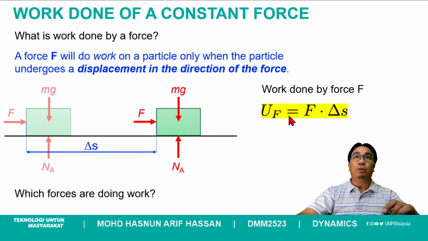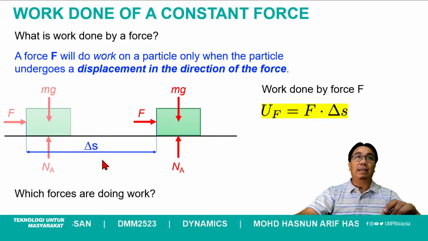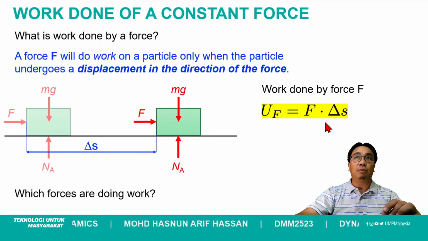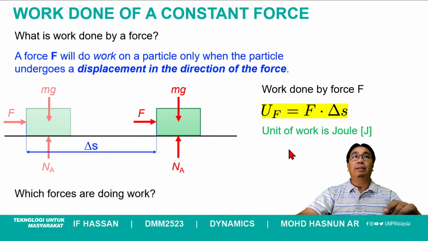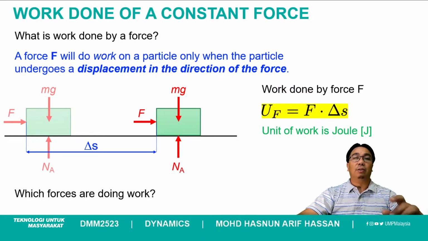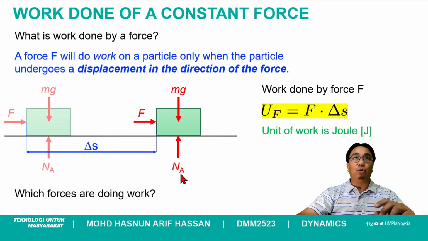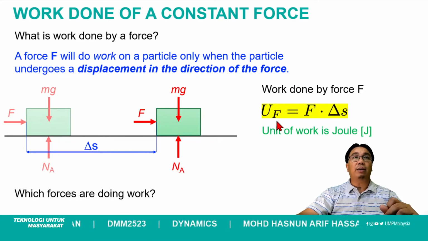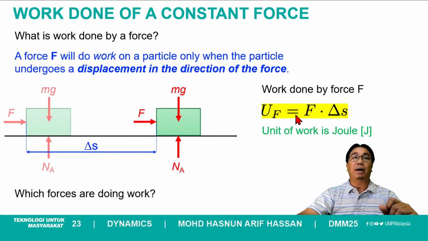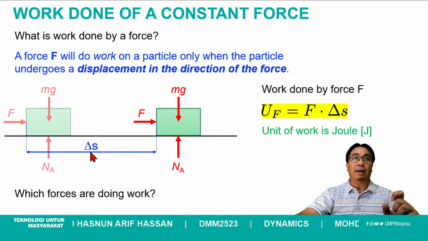UF is equal to the force F multiplied with delta S. Delta S dalam unit meter, F dalam unit Newton. And the unit for work is also joule, sama macam energy tadi. Alright, so mg and NA, no work done. In this case, only F is doing work, calculated by multiplying the force with the displacement, delta S.